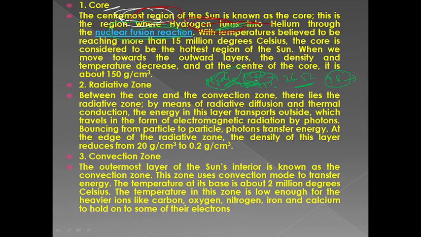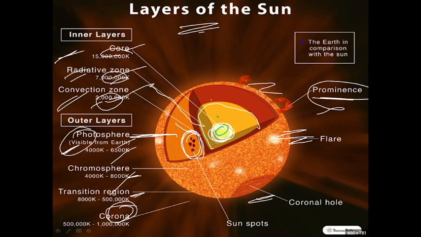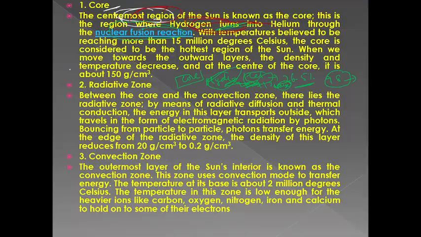When it is converted into helium, a large amount of heat is produced. So that is the reason the core area of the sun has the maximum temperature. You can see it is reaching more than 15 million degrees Celsius. It is said to be the hottest region of the sun.